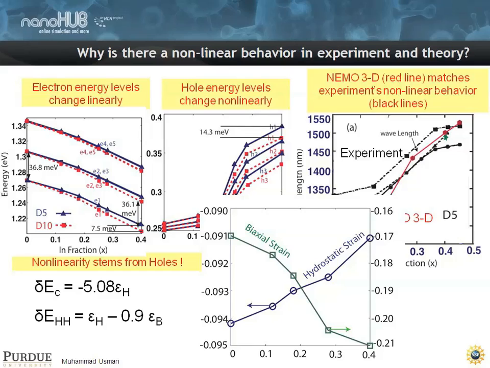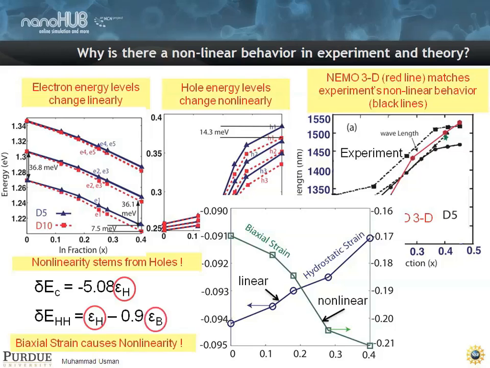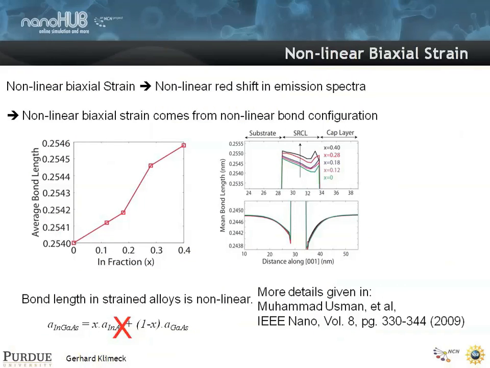Indeed, if we plot the hydrostatic strain, it's rather linear as a function of indium concentration, and the biaxial strain looks nonlinear. So what does that mean? Where does this come from? It really has to do with the fact that indium gallium arsenide is not a homogeneous mixture in terms of its bond length.